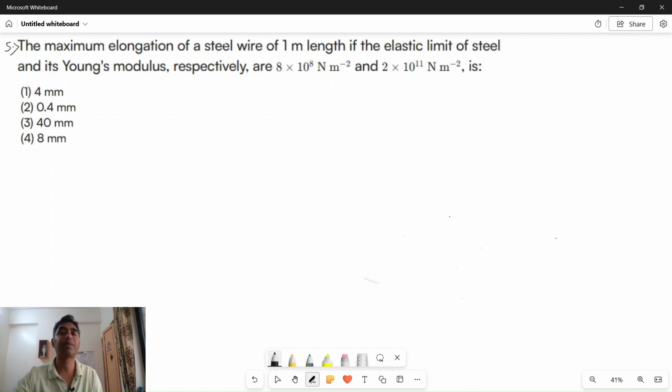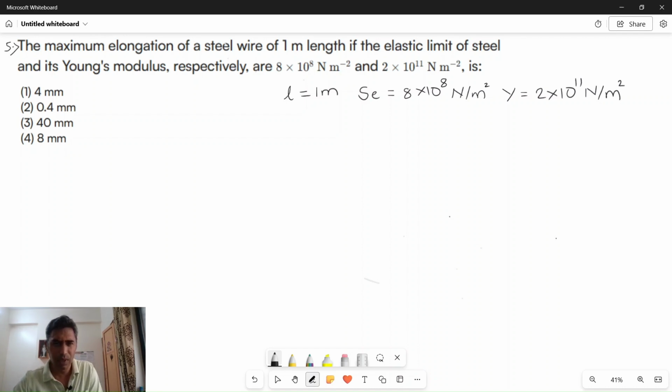First we'll write, okay, length ಕೊಟ್ಟಿದ್ದಾರೆ, length is 1 meter. Then elastic limit of steel is given. Elastic limit is 8 into 10 to the power of 8 Newton per meter square. Young's modulus is also given 2 into 10 to the power of 11 Newton per meter square. Okay. ಕೇಳ್ತಾ ಇರೋದು elongation. Okay, so maximum elongation ಕೇಳ್ತಾ ಇದೆ.